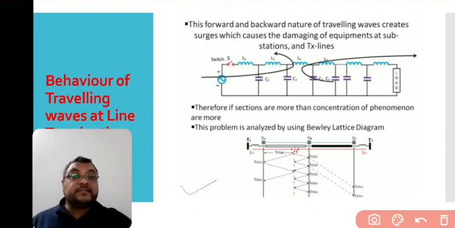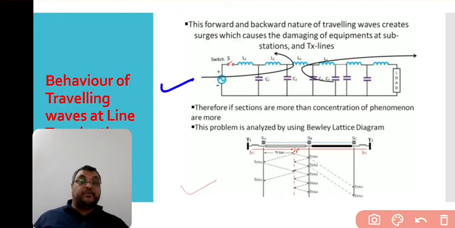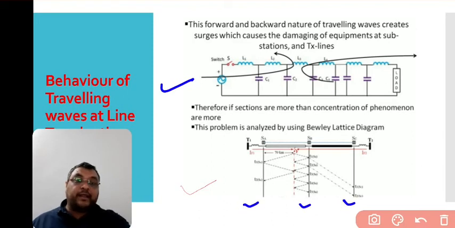This is our transmission line with distributed parameters, which has the effect of forward and backward traveling waves. You can see there are a number of sections of transmission line. Suppose this is transmission line T1, which has source 1.